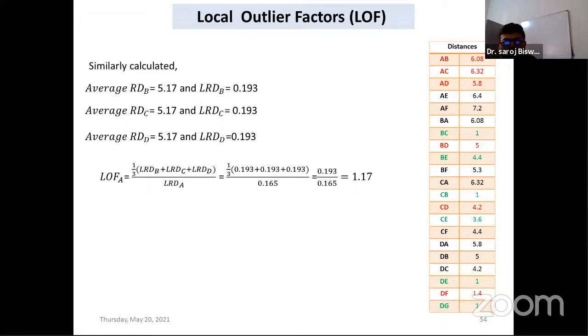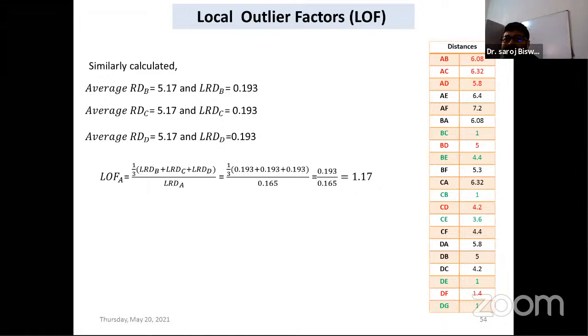Similarly, we need to calculate the LOF score of all the points or all the observations of the data set. Now the question, so we got here the score 1.17. So how can we decide whether this is an outlier or not? On an average or generally, if the score is 1 or more than 1, then it is treated as an outlier.